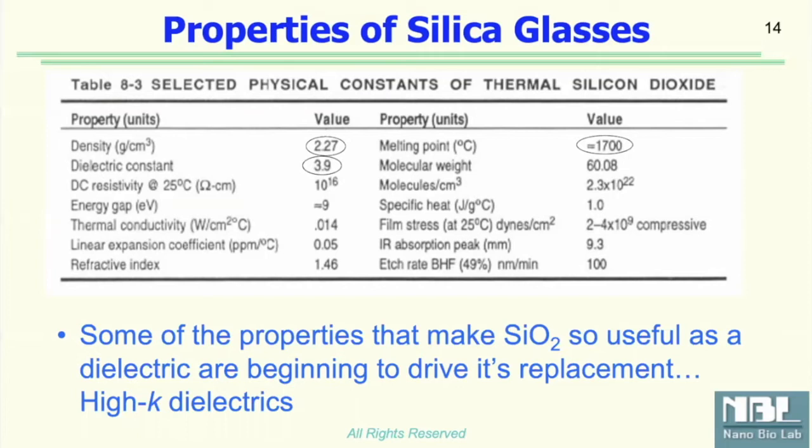For example, the dielectric constant makes it a wonderful material for a metal oxide semiconductor capacitor. This is the insulator in that capacitor, the MOS, which is nothing but the gate area where you have metal on one side, silicon on the other side, and silicon dioxide, a dielectric material, there.